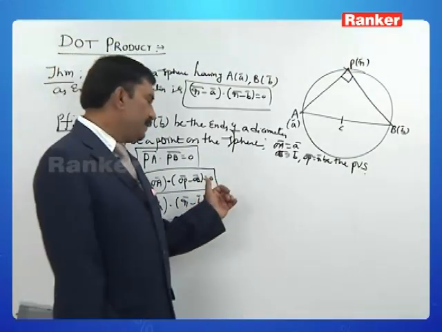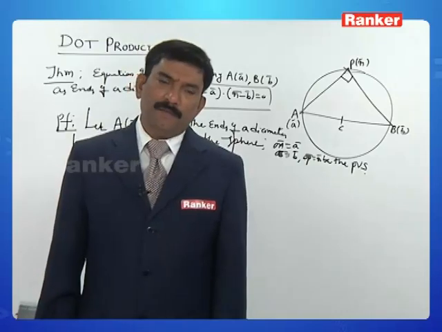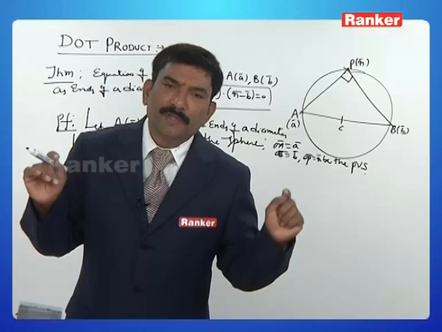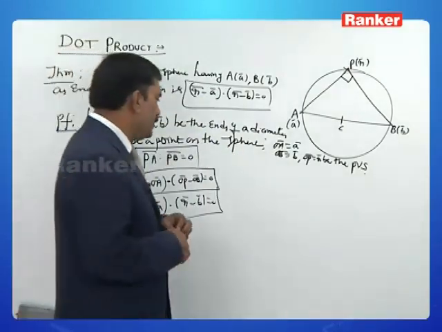If this represents the equation of the sphere having a bar and b bar as ends of the diameter, then what is the position vector of the center?